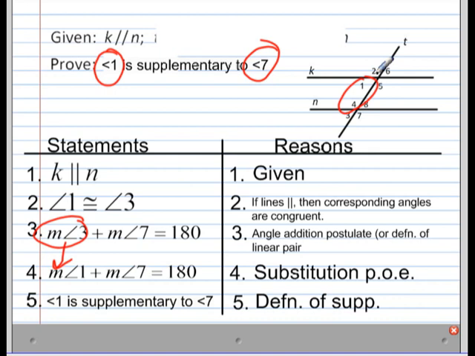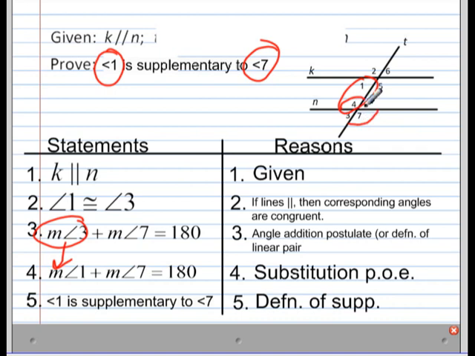If the lines are parallel, then the same side interior angles are supplementary. So you could have stated that 1 and 4 are supplementary. You then could have used the vertical angles theorem to say that 4 and 7 were congruent. So then you would have had 1 and 4 supplementary, 4 and 7 congruent. A substitution replacing 4 with 7 would give you 1 and 7 supplementary.